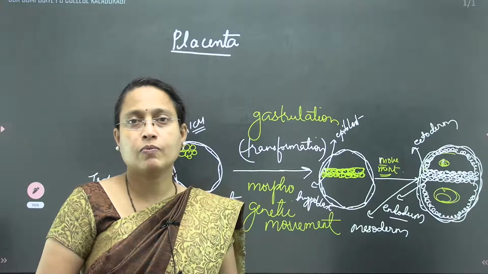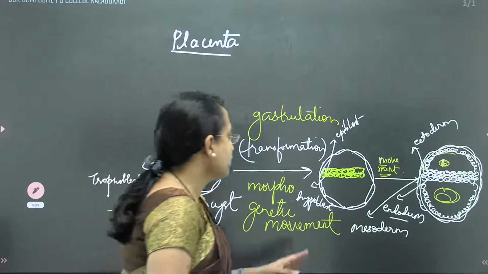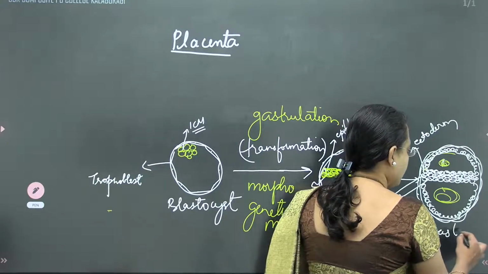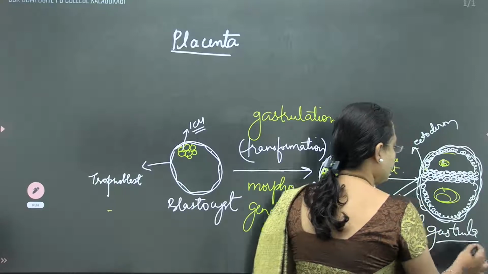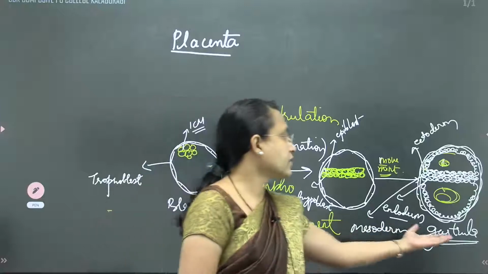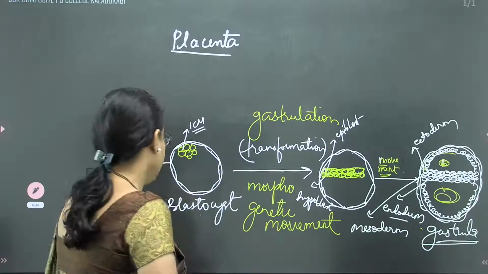There also extraembryonic mesoderm starts forming. So finally a gastrula containing three germ layers is formed. This process where blastocyst is converted into gastrula is called gastrulation.